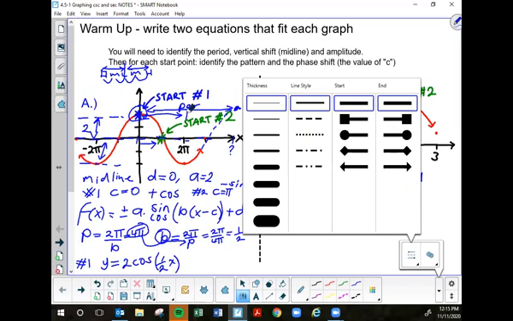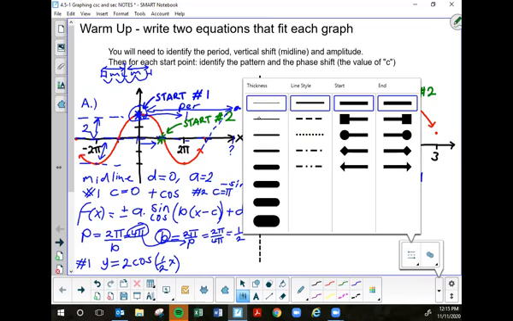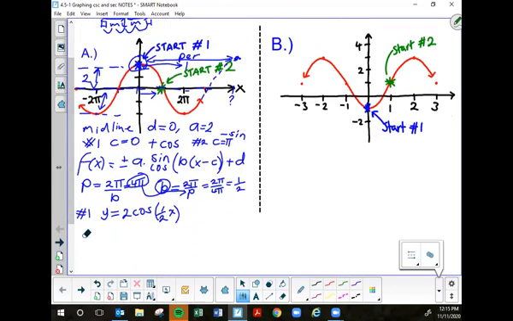Okay, now let's write an equation for that second start. I'll do that in green. For start number 2, we've got an equation. You must write y equals.